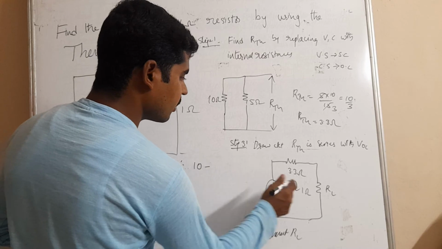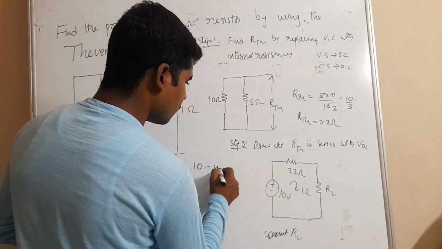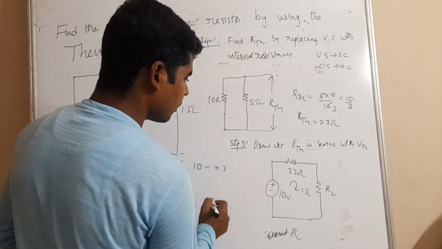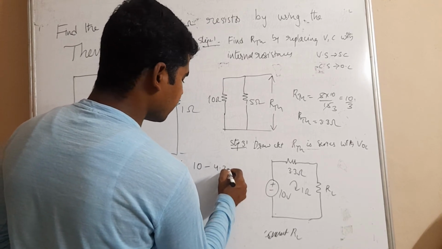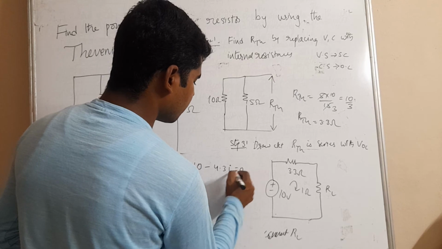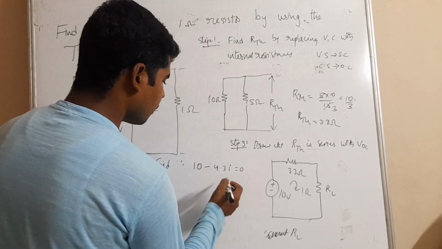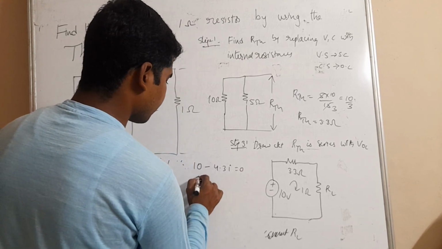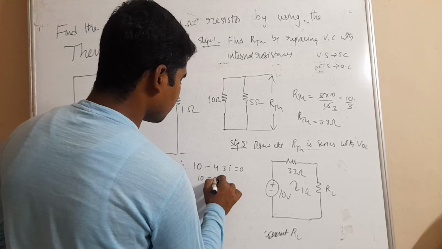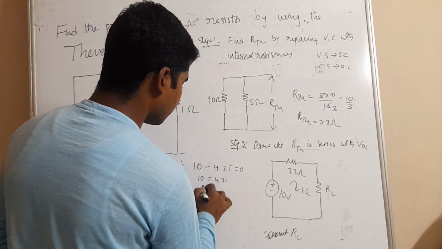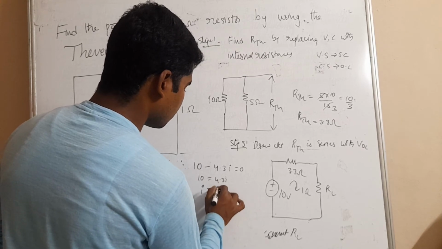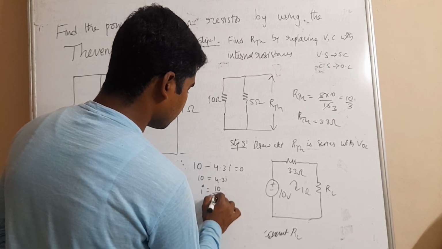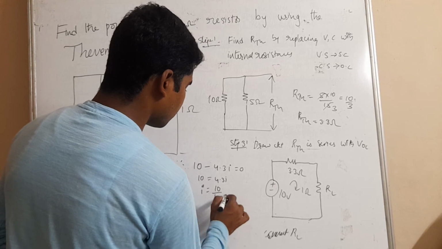10 minus 4.3 I is equal to 0. Therefore 10 is equal to 4.3 I, therefore I is equal to 10 by 4.3 amperes.